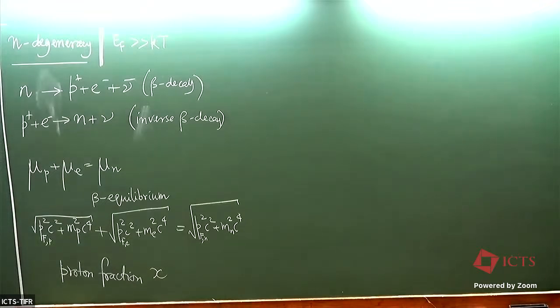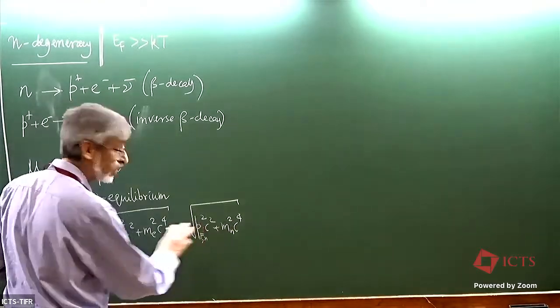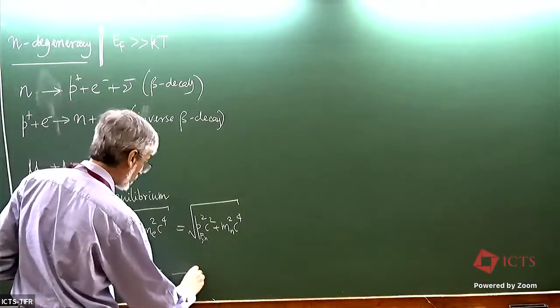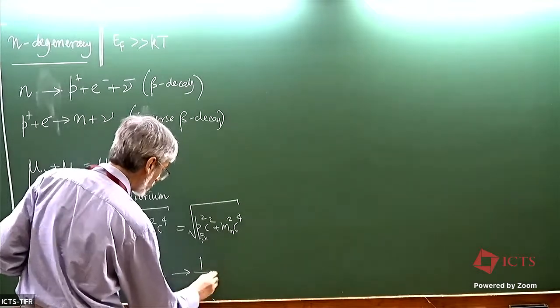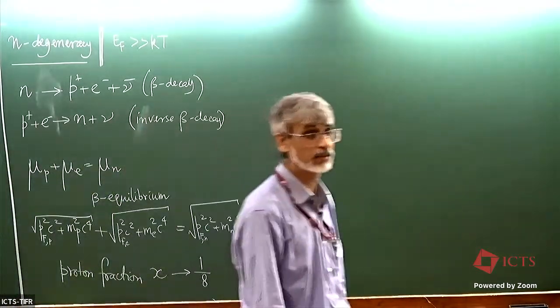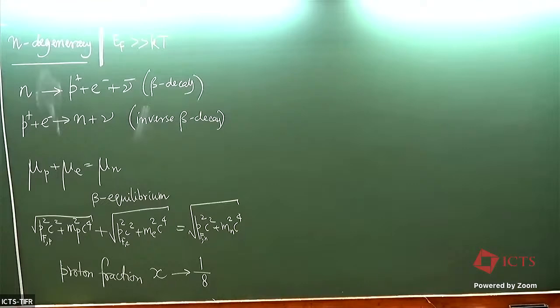And you will find, as you take density to very large values, if this is the only thing that is happening, then it will tend to a number like 1/8. So that is the large density limit of the proton fraction.